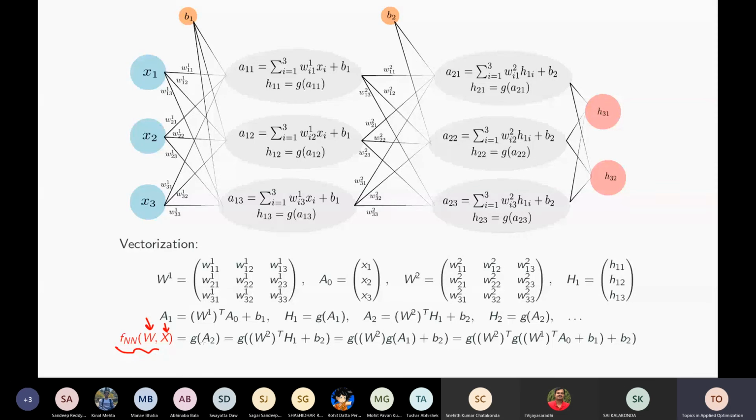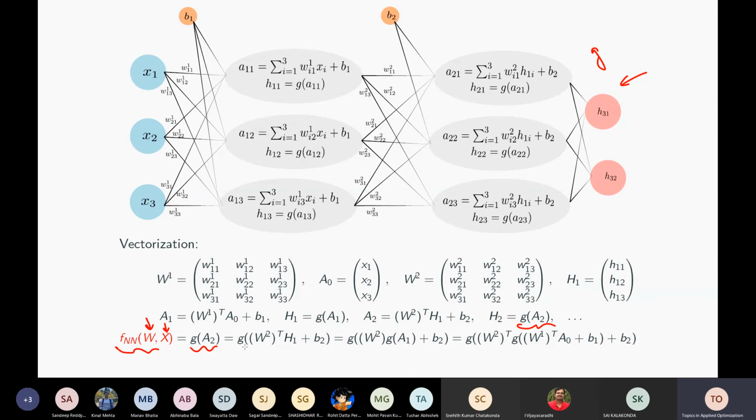Then I can do g of a2. So a2 here is the output. This is the function g that I have defined, where g is the activation at the second step. So g of a2, where a2 will be these entries: a21, a22, a23.